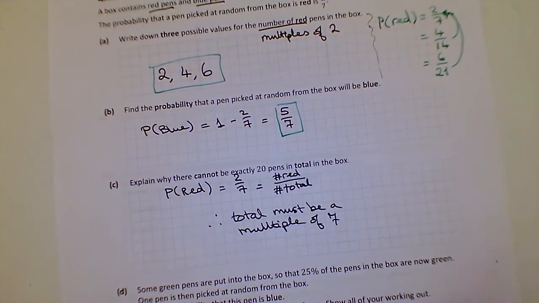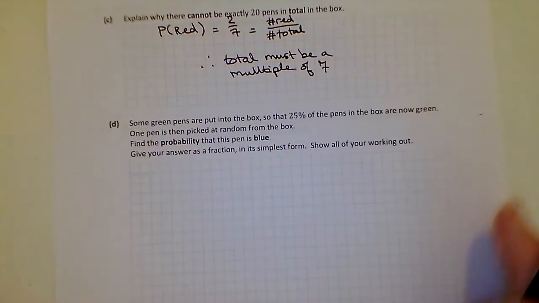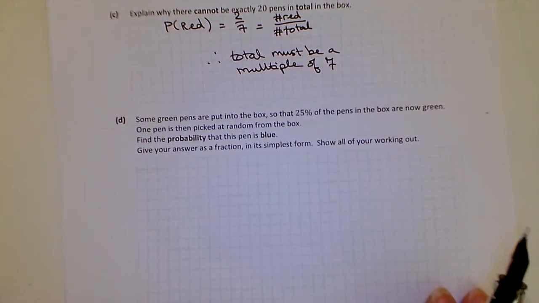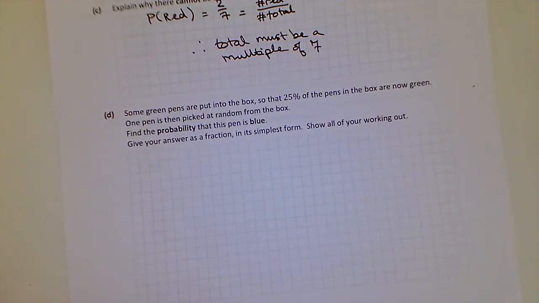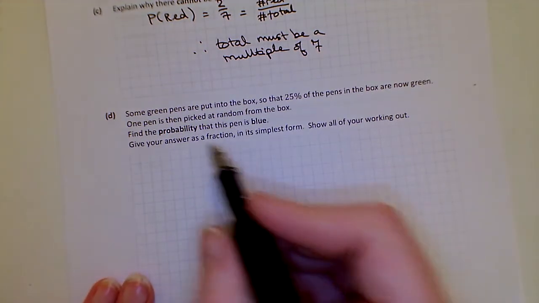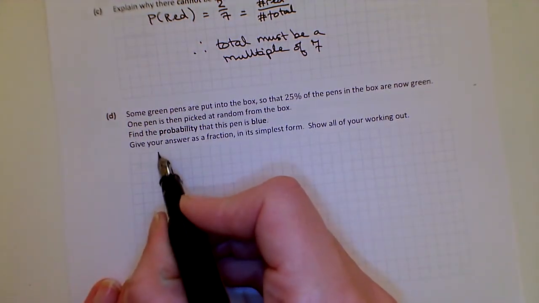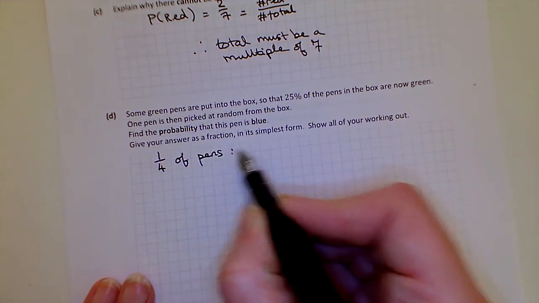Okay, part D. Some green pens are put into the box so that 25% of the pens in the box are now green. 1 pen is picked at random from the box. Find the probability that this pen is blue. So this is a little bit complicated. 1/4 of the pens that are now in the box are green.